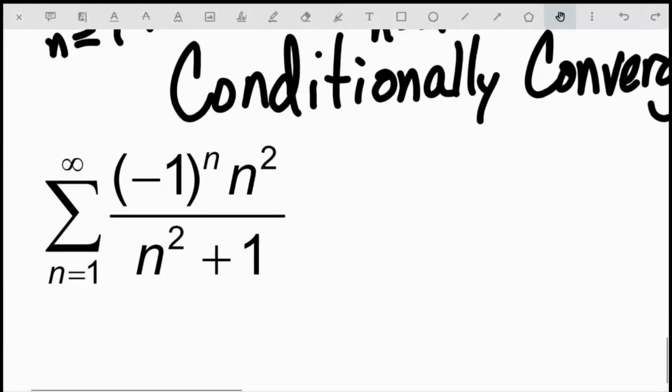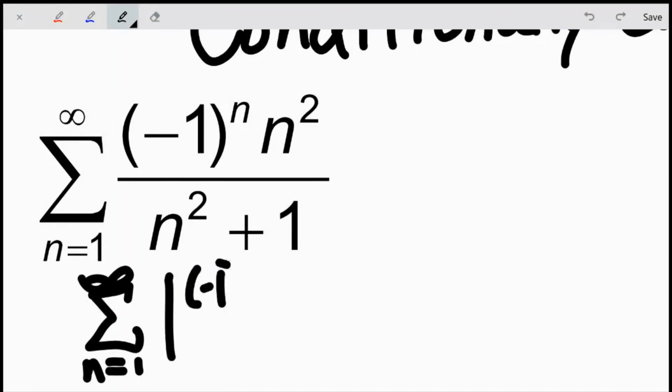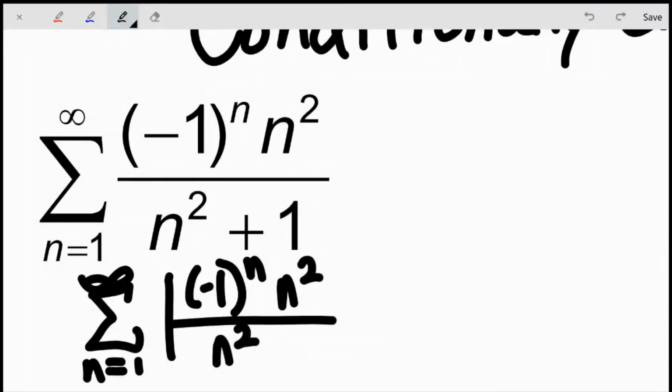All right, so we have a couple more here. This one's an alternating series again. If we look at it in its alternating form, you can see it diverges. But also, if we were to look at it in its absolute form, so I'm going to put all of this, and essentially this is just now not an alternating series.